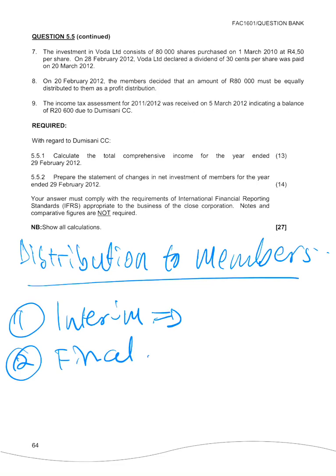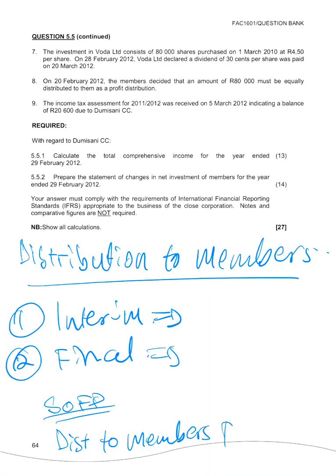So that's the interim. Then the final is what they are going to declare at the end of the year. So when they declare at the end of the year, sometimes this amount will not be paid in the statement of financial position, because it has not yet been paid, meaning that the entity is now owing the members. So it is going to be shown as distribution to members payable.